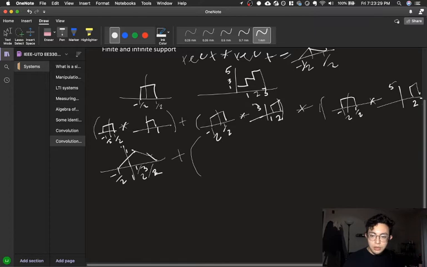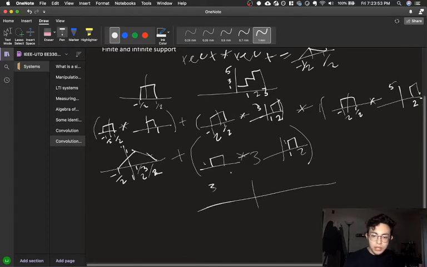And then this one will be similar. We can take out the 3 here, so this would be like -1. This box convolved with 3 times a unit box from 1/2 to 1 to 2. And so this would just be, again, a triangle. So 3 times a triangle that's starting at 1 and 1/2.